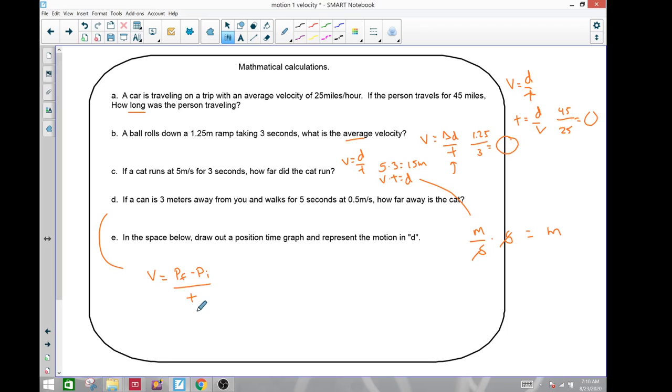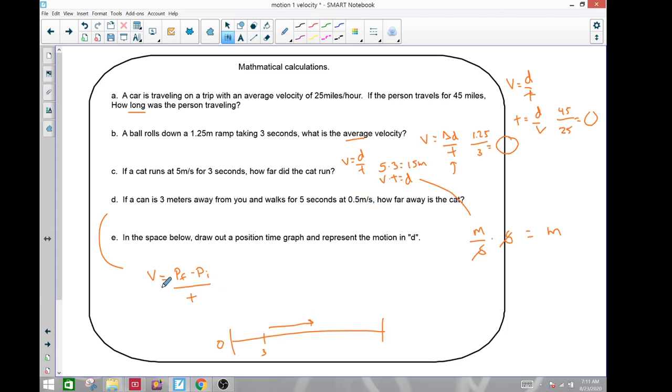Okay, so now we're talking about just moving up and down a line here. And I marked frame of reference, this is 0. So the cat's at 3. And they went to, well, we don't know how far they went. Went down the line someplace here at a rate of 0.5 meters per second.